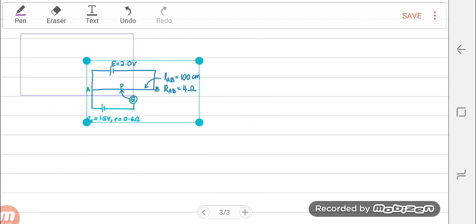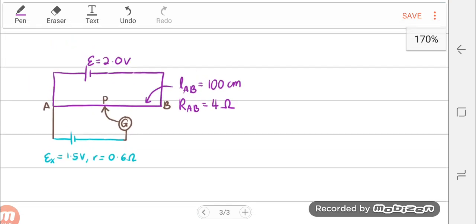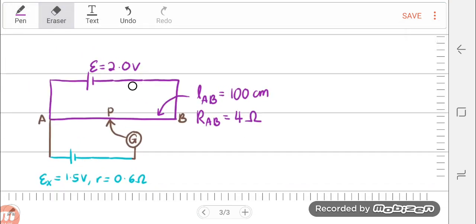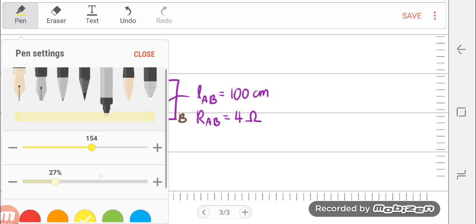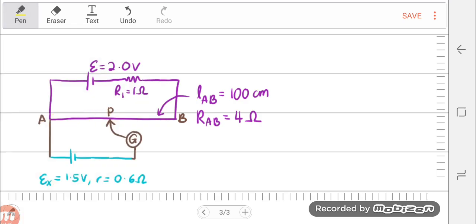Now we have our circuit again, but this time we add another resistor, R1, with a resistance of 1 ohm. Now the upper circuit has two resistors: the first is RAB, and the second is R1.